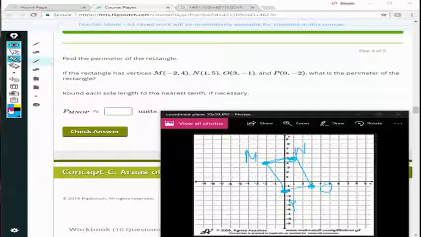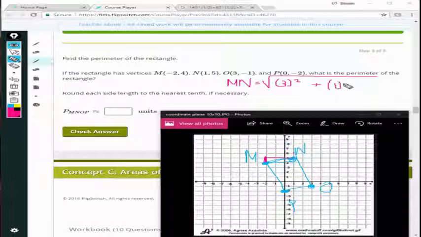So I'm going to first find the length of MN, and again I'm going to use the distance formula, but instead of using x2 and x1 I'm just going to count. So I know that this is going to be the horizontal distance, so this is 1, 2, 3. So this is going to be 3 squared plus my vertical distance, which is going to be 1 squared.